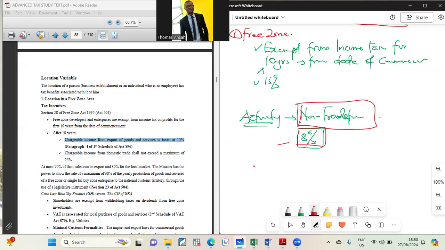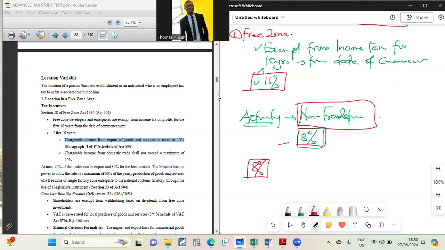He decided to apply a tax rate of 8%. Do you think he's allowed to do that, or is he supposed to apply the 15% since he is exporting? By law, their export is supposed to be 15%. So, what do you think?